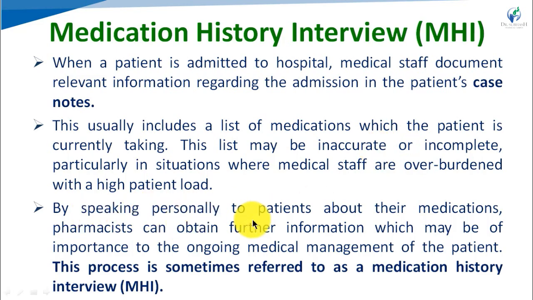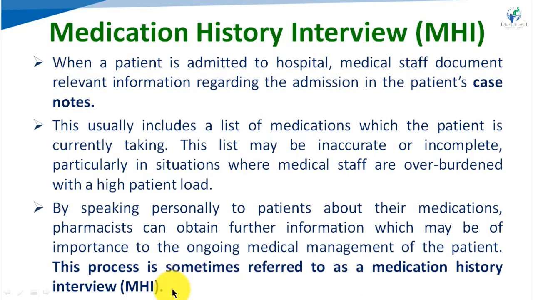So by speaking personally to the patient about their medication, the pharmacist can obtain further information which may be of importance to the ongoing medical management of the patient. So now, what the pharmacist can ask the patient about the particular medication, and whatever the ongoing medical management that is going on with the patient, this should be asked by the pharmacist, and this process is known as a medication history interview.